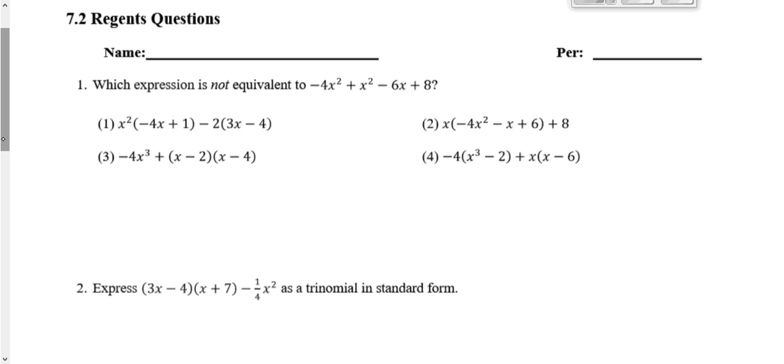It looks like the second step in the AC method, doesn't it? Well, not really. Oh, I know what it is. That's a typo. That should be negative 4x to the third. There we go.